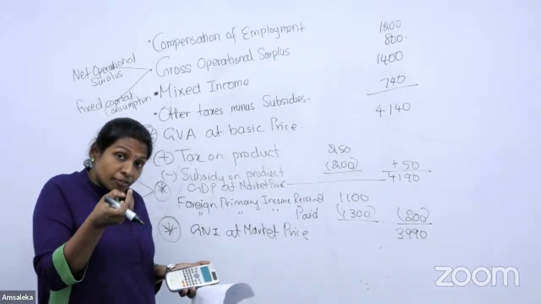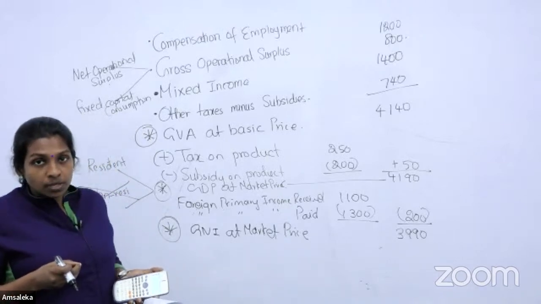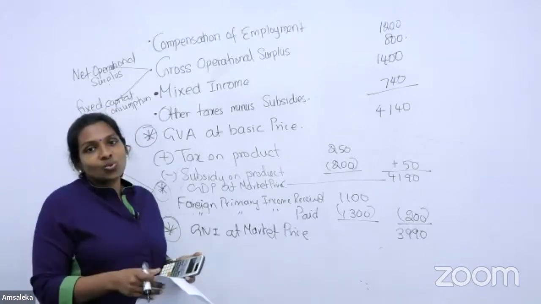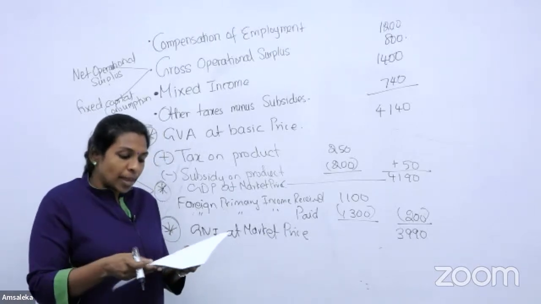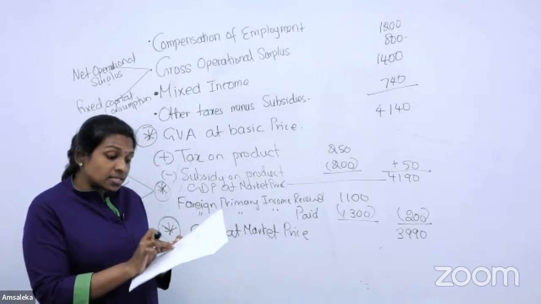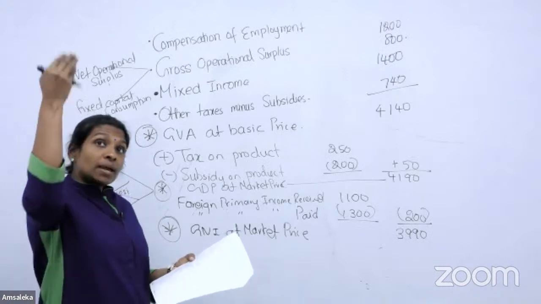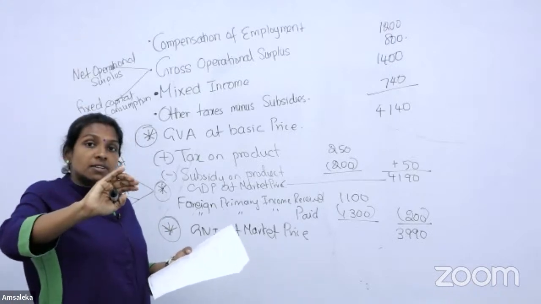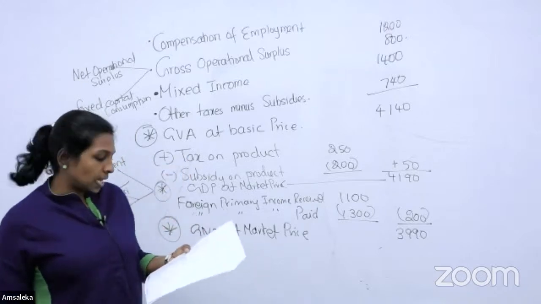Primary income is from our earnings, factor income: land, labor, capital, entrepreneurship. But donations are known as secondary income. That also can be received or paid. But remember, in my question, paid is given first, and only then received is given. Carefully read and do. Read carefully, always received first, paid second.